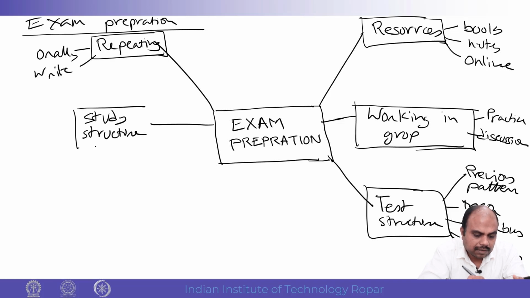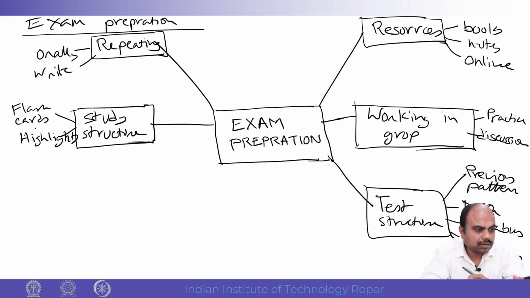There are certain students who like flashcards. There are certain students who like highlights. So there are various ways of doing things. And then one of the most important things is planning, time management.